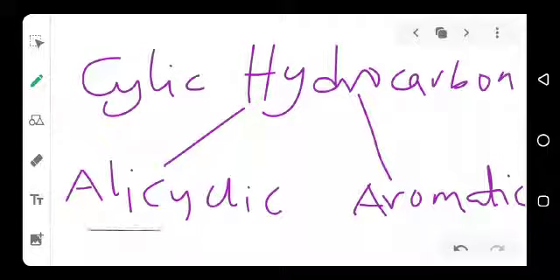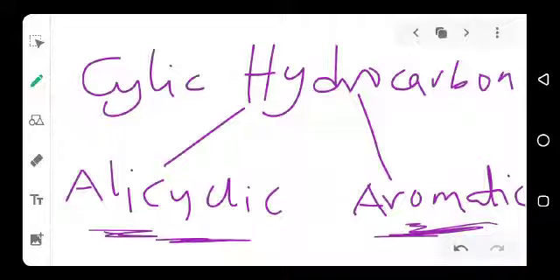We have alicyclic hydrocarbon and we have aromatic hydrocarbon. These are the two groups of cyclic hydrocarbons that we have. Which one is alicyclic and which one is aromatic? How do we know them?